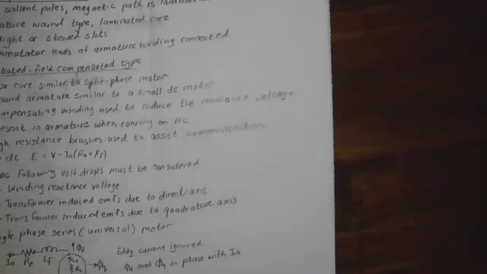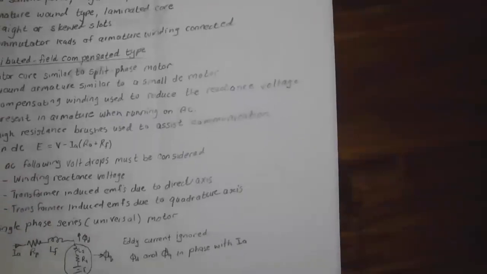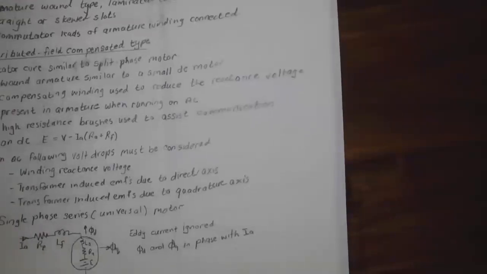No. The rest is not part of the syllabus. Okay, thank you. And then the next one that we are going to do is the alternator. So does that mean we're done with chapter 6? Yes. There are some problems that you can do. If you struggle with them, you can let me know. Okay, sir.